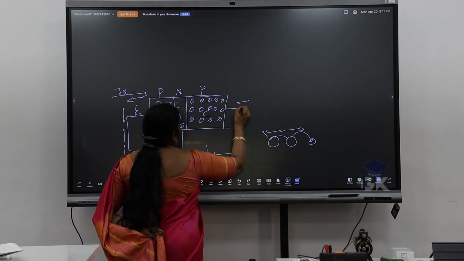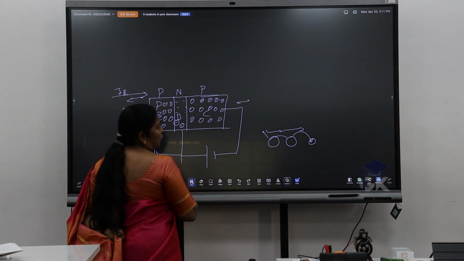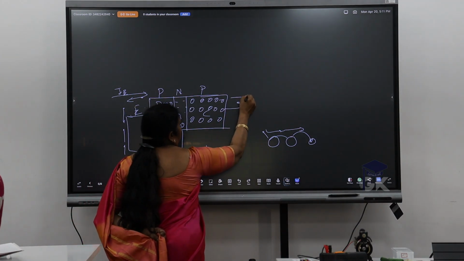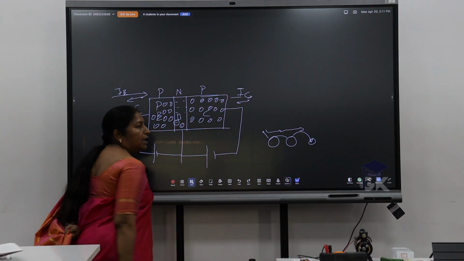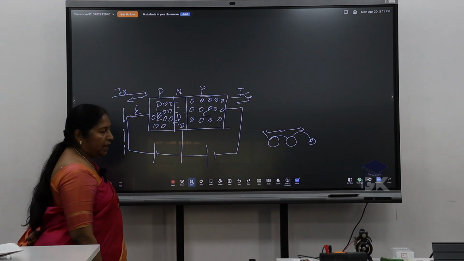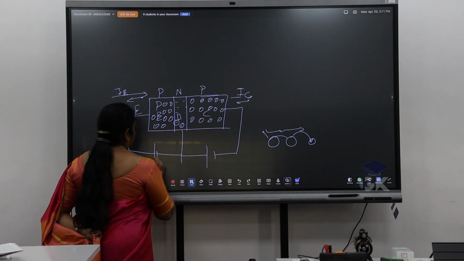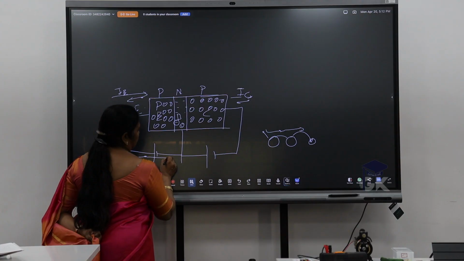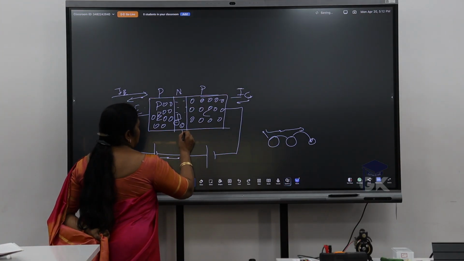From here to here it moves. So we can observe that the current direction is away. Similarly, to the base also we can observe that the electrons move inside, so the direction of electrons will be like this again.